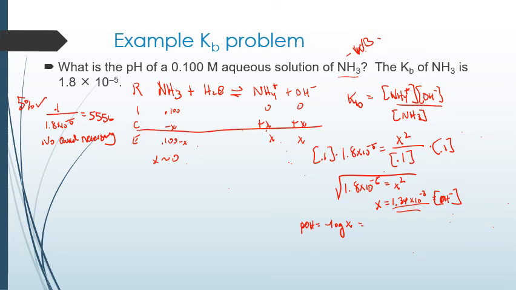Actually, I guess I can have 2 because of the 1.8. I take that back. So we can do the negative log of that, and that gives us 2.87 for the POH, and I have 14 minus the POH to equal the pH. So 14 minus 2.87, my pH would be equal to 11.13.